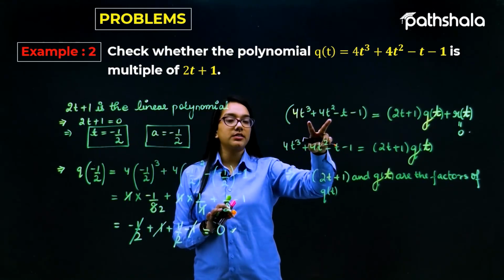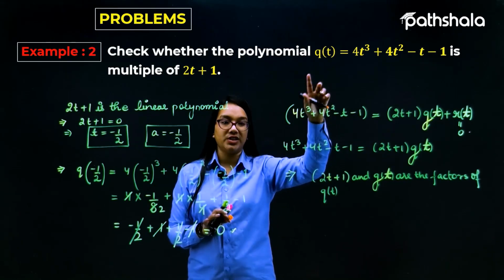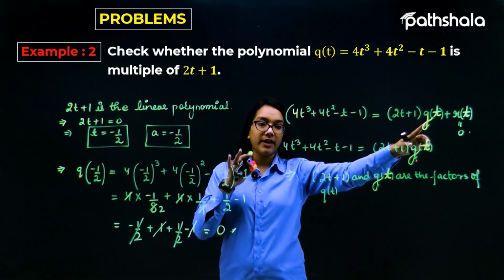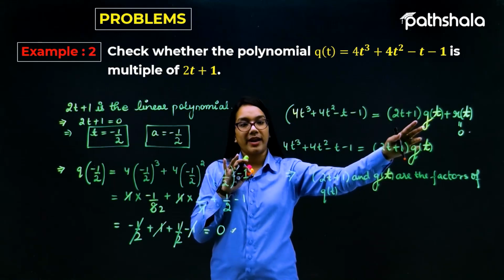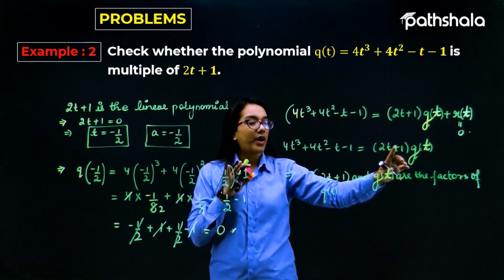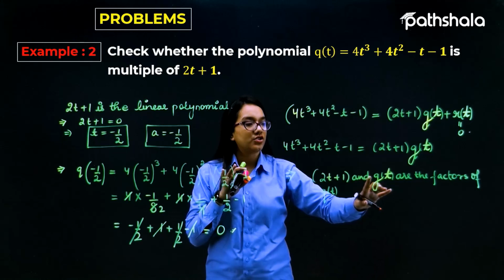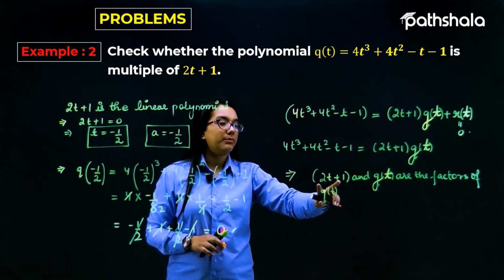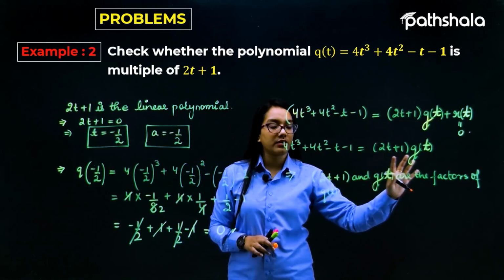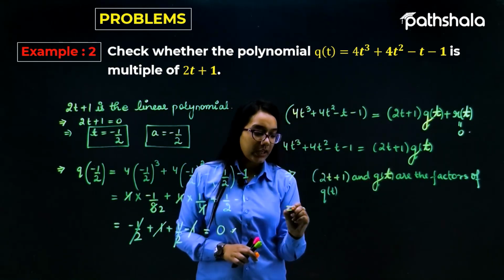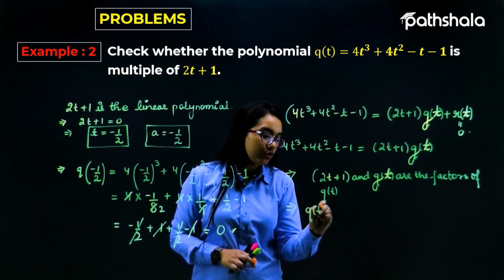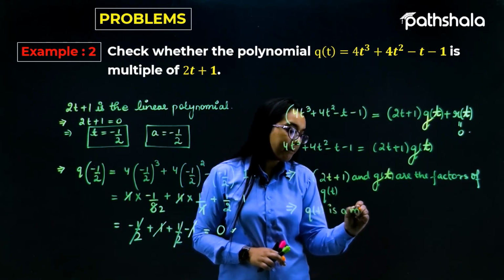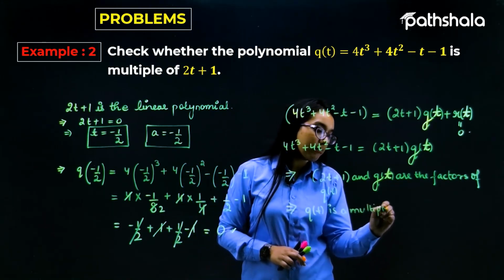So if the polynomial is given as q of t, we cannot take the divisor or the quotient as q of t. So I am taking it as g of t. So there must be two factors, 2t plus 1 and g of t, which are the factors of q of t.